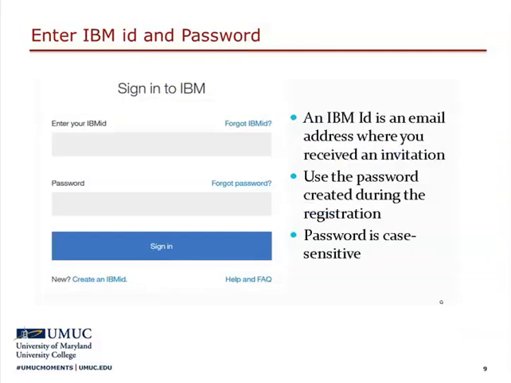Since we are on the screen right now, see this link, forgot your password? That's what you do if you have to reset your password at any time. And make sure that you still remember an email, right? Your IBM ID is the email you are using. Well, in this case, it's going to be your email in Leo, because that's the email I used to create your account.